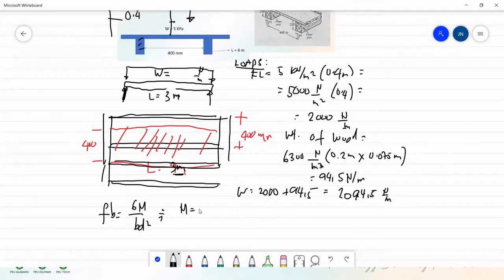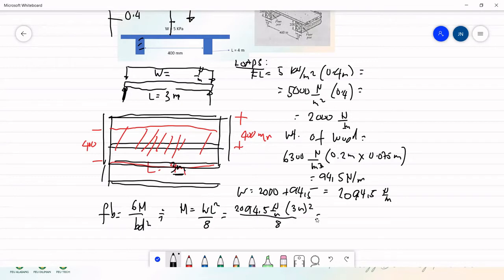What is moment? This is a simply supported beam. Anong moment? WL squared over 8. Tama ba? Yes. Okay. So our W is 2,094.5 Newton per meter. L is 3 meters, 3 meters squared over 8.